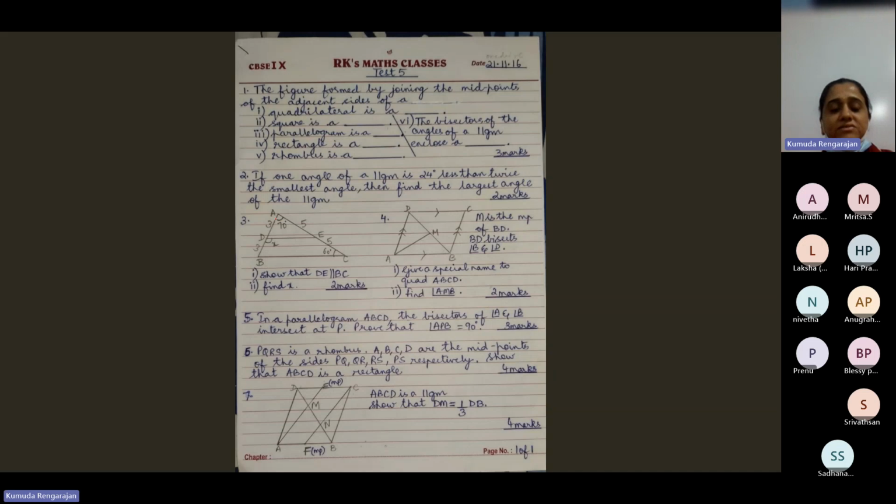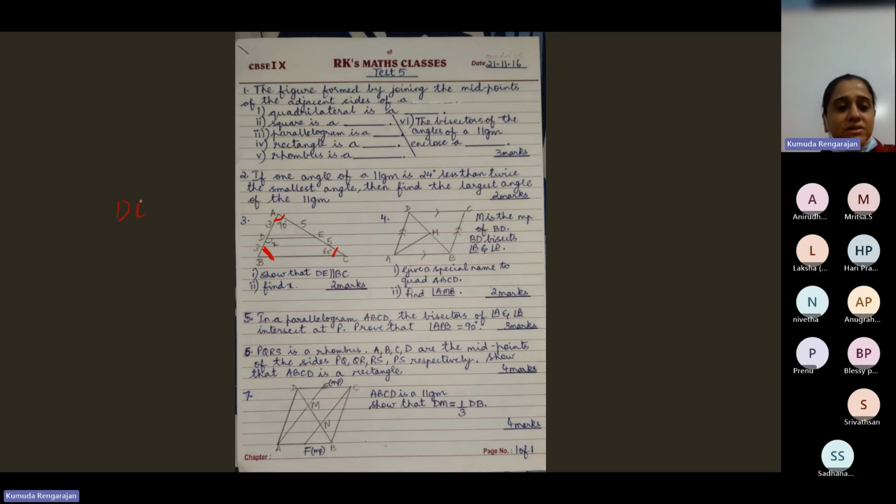See, this is 70, this is 60. So this will be 50, by the angle sum property. If this is 50, then 50 plus X is equal to 180 because co-interior angles are supplementary, right?